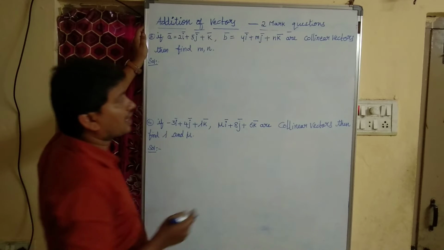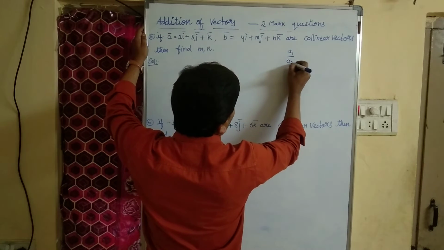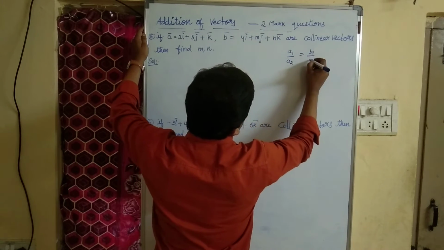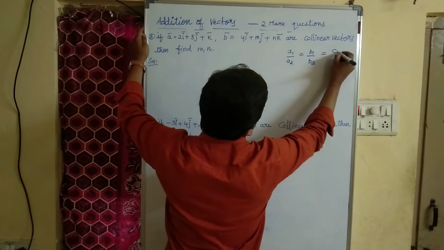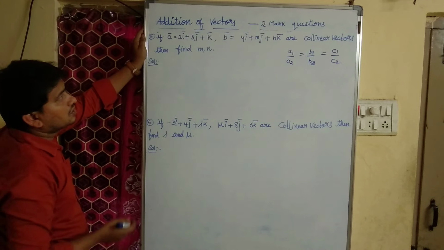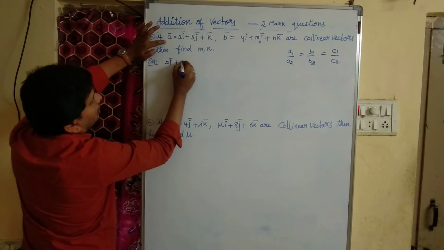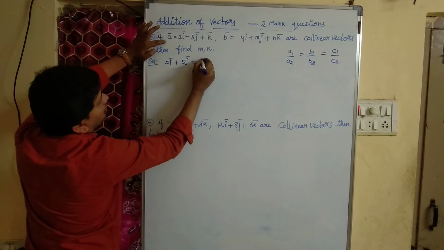As we know that the condition for collinear is A1 by A2 equal to B1 by B2 equal to C1 by C2. Right? So given vectors are A bar equal to 2I bar plus 5J bar plus K bar.